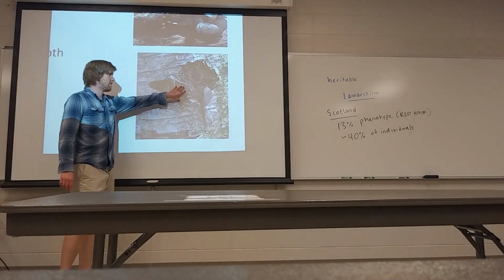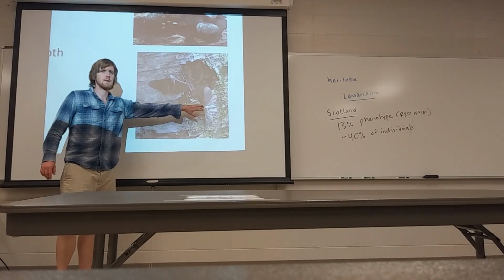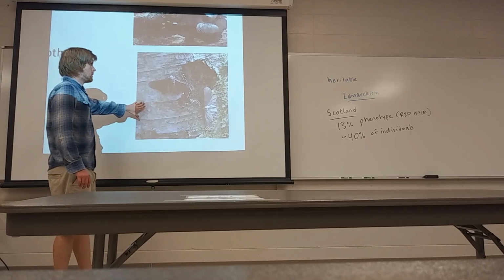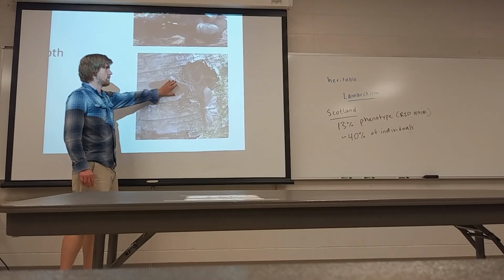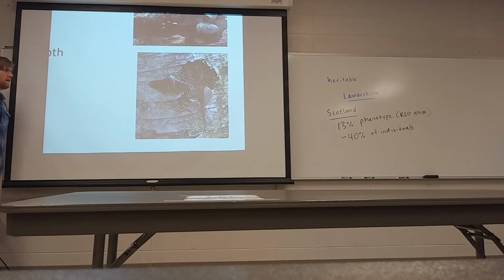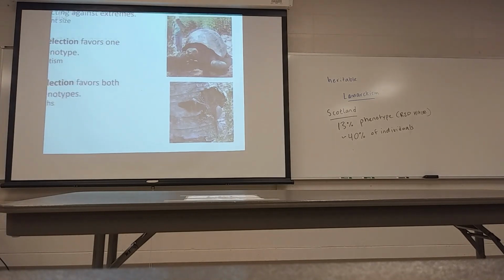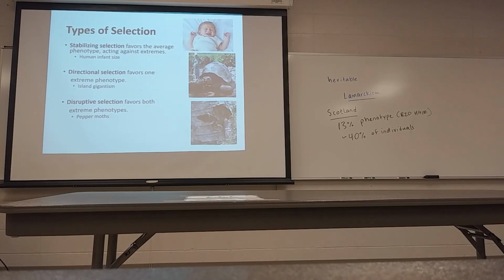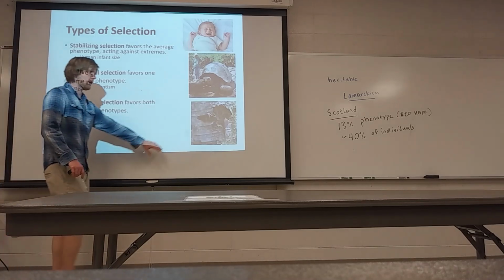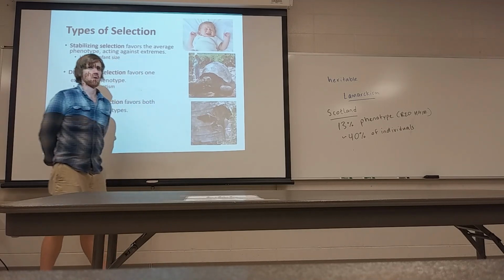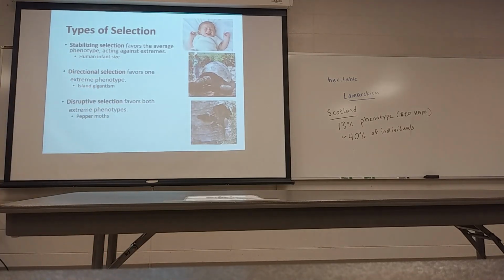But if you have a mix of both of these, you're generally not going to do as well as either one, because there are trees as well with darker bark that our dark pepper moth can also survive in. So natural selection tends to favor either the dark or the light morph. There really doesn't seem to be much in favor of an intermediate, because, like I said, tree bark tends to either be this lighter color or it tends to be a darker color, which allows them to camouflage.